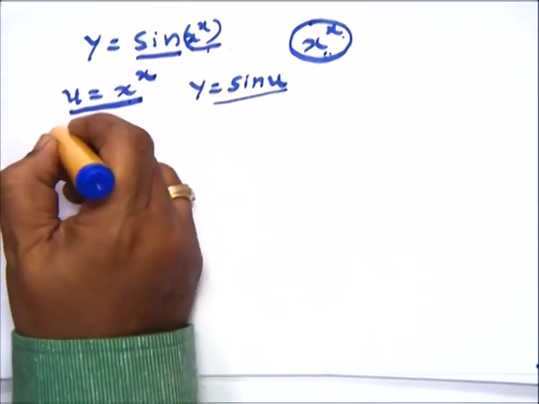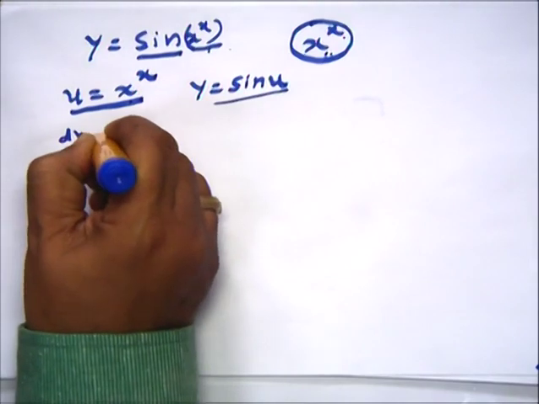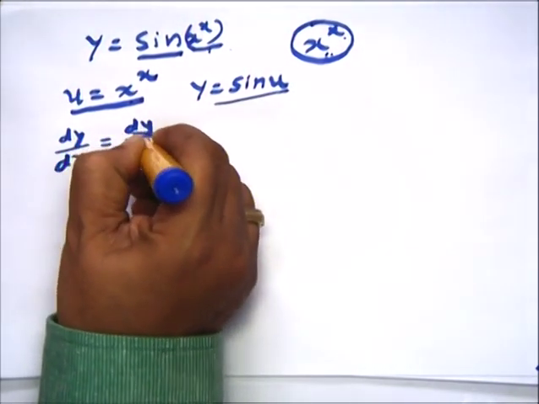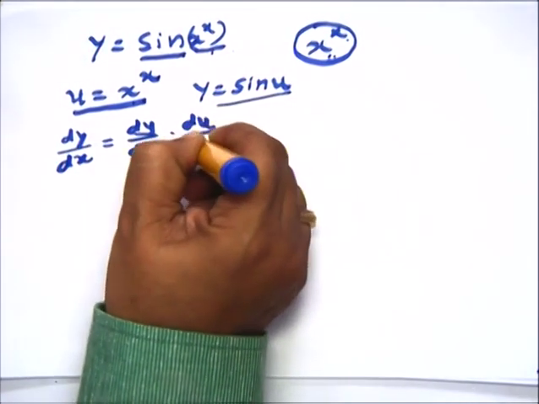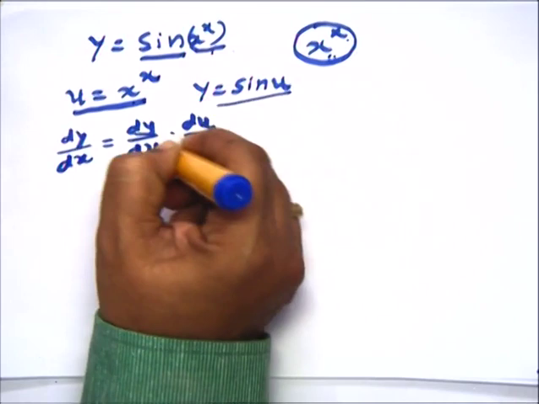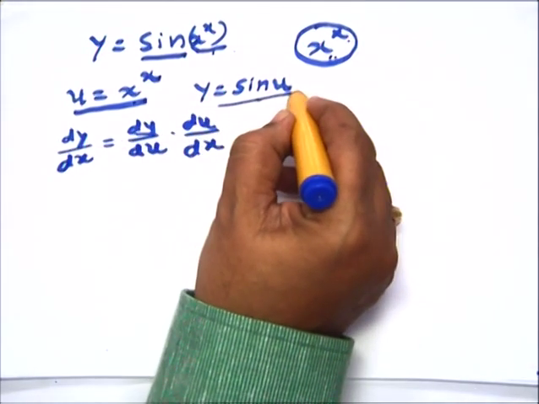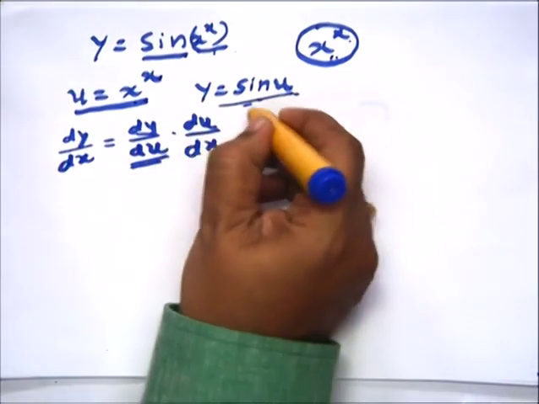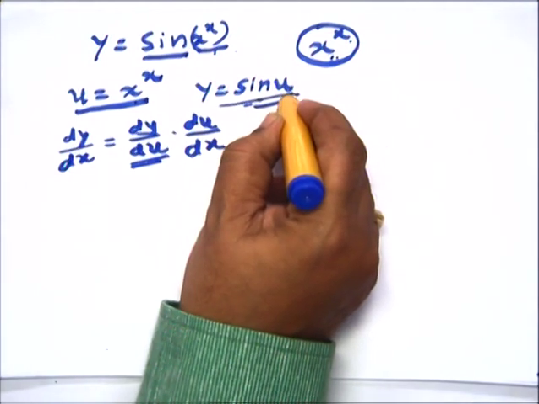Now the derivative of y with respect to x, as we know the chain rule, is the derivative of y with respect to u into the derivative of u with respect to x. So the derivative of y, that is sin u, with respect to u is cos u. So this we can write directly here as the derivative of sin u is cos u.